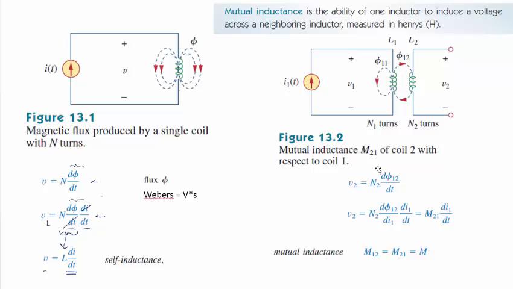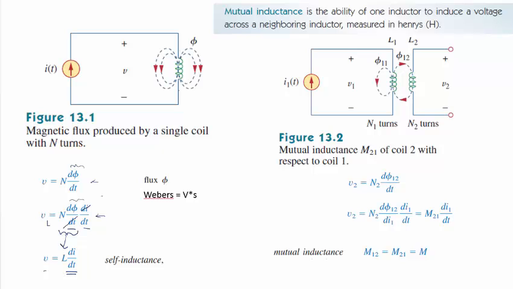I will say that also the units of M, if I look at what the definition of M is right here, M is going to be an N and a d phi di, and if you notice, N d phi di is also the definition of inductance L. So the units of the mutual inductance is also L, or henries.